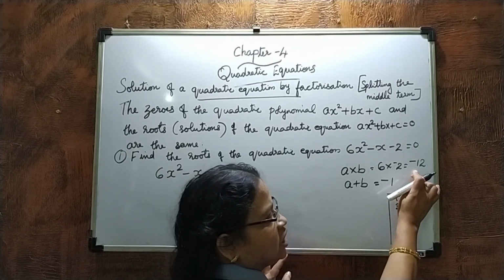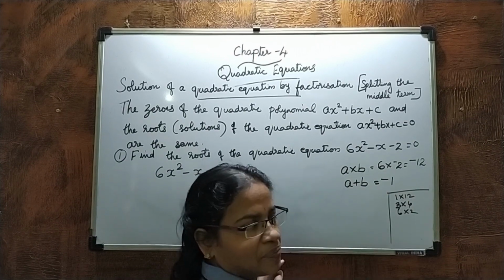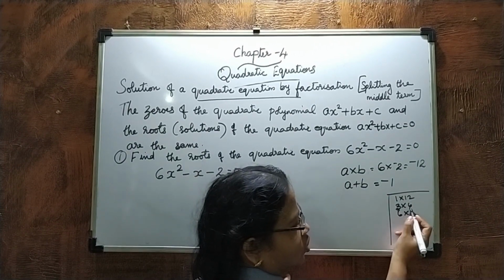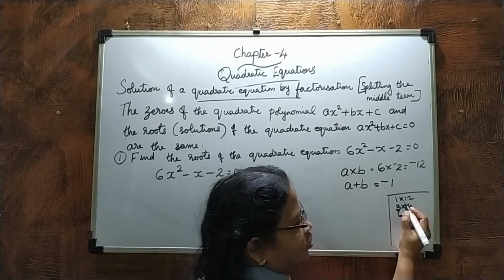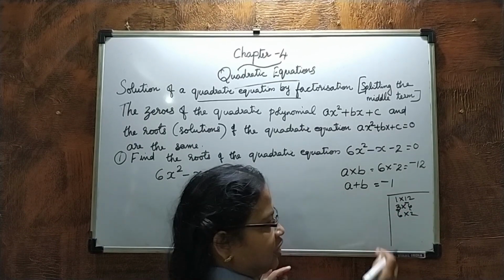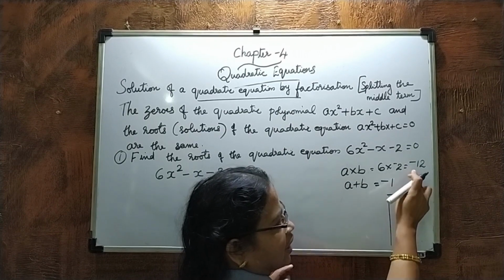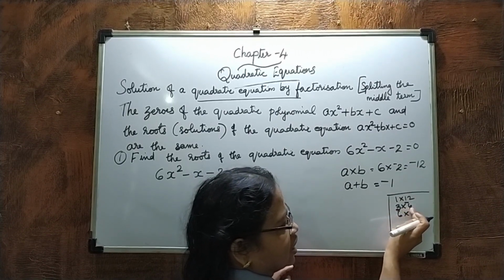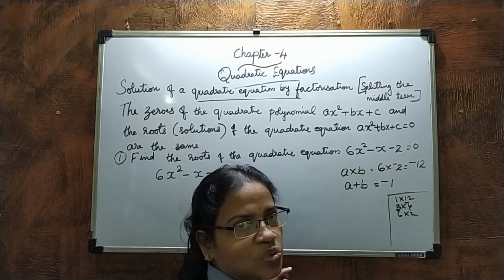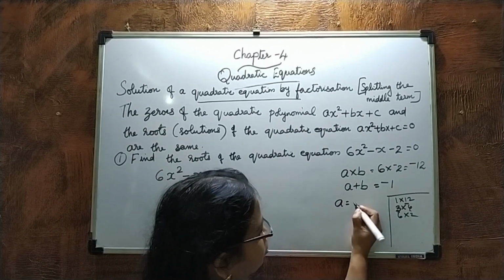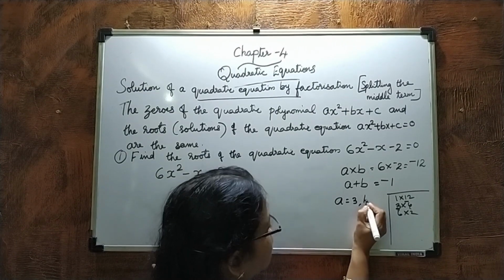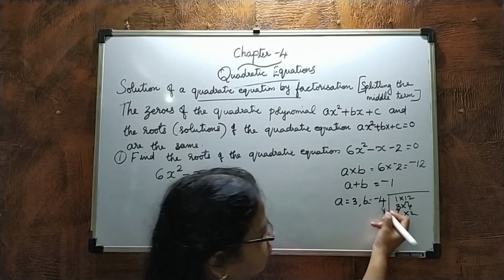Now we want negative 12 and when you add, negative 1. Just look, 3 into 4 is 12, and we want negative 1. If you write it like this: 3 into negative 4 is negative 12, and 3 plus negative 4 gives negative 1. So a is equal to 3 and b is equal to negative 4.